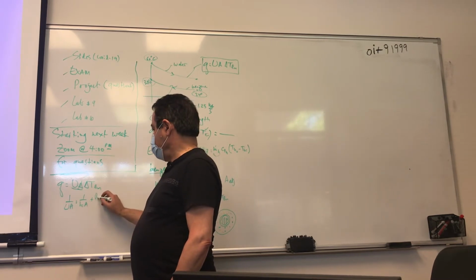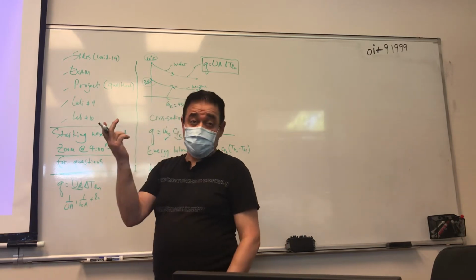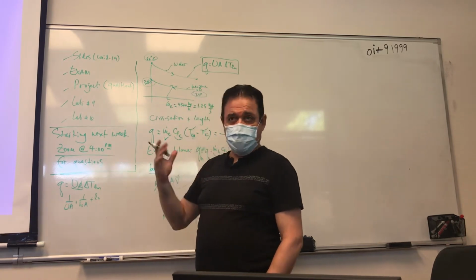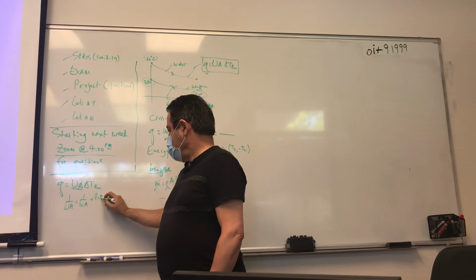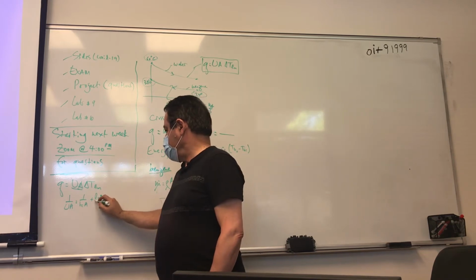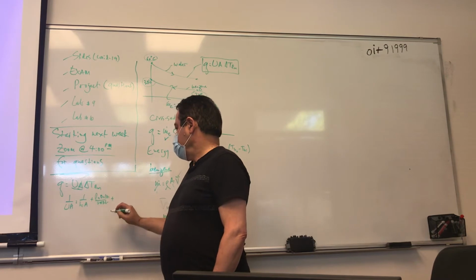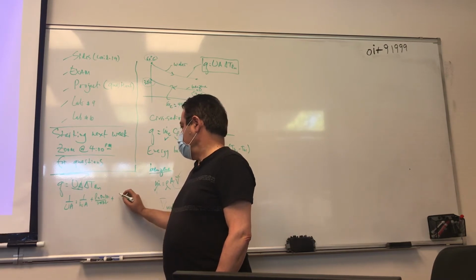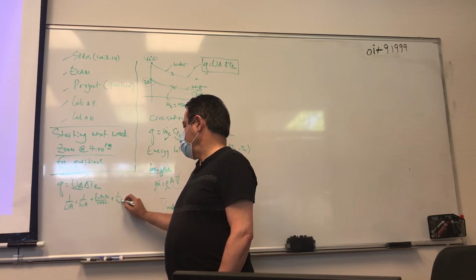I don't know if you are considering the thickness of the pipe, some of you may neglect that, ln(D2 over D1) over 2 pi KL, plus, what is it again, 1 over H_out A_out.